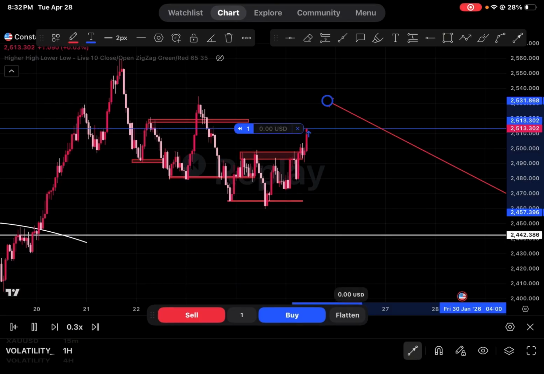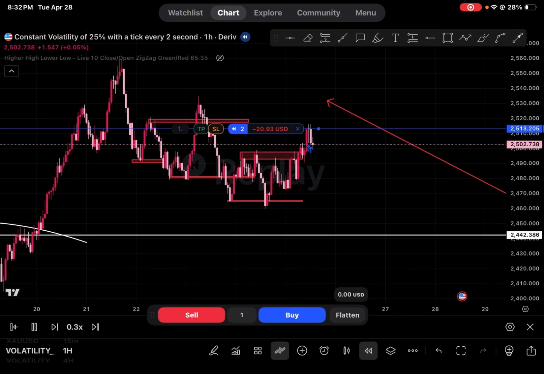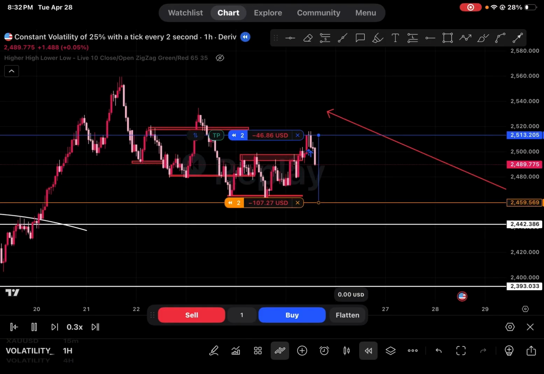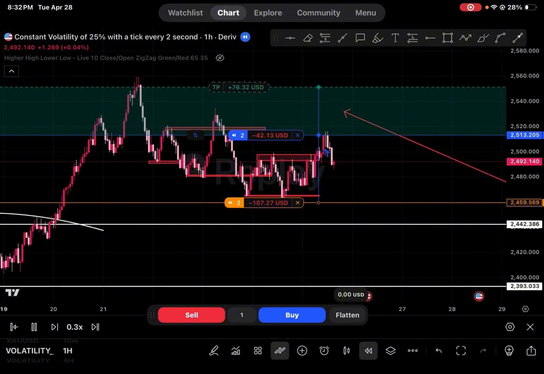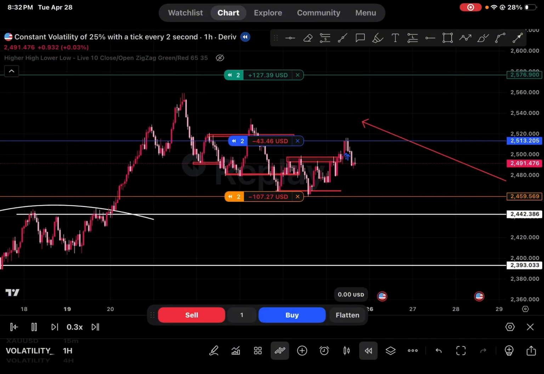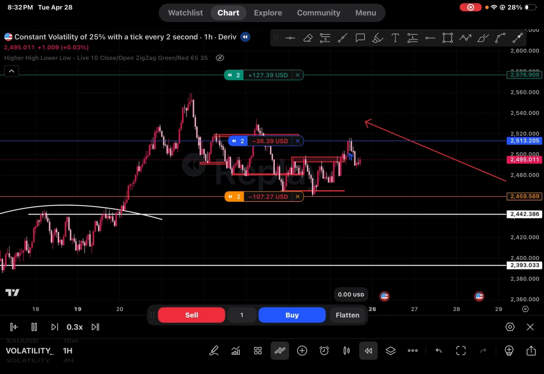Alright, so enter buy, stop loss below here, take profit up here, or a little higher. We'll see price play out.